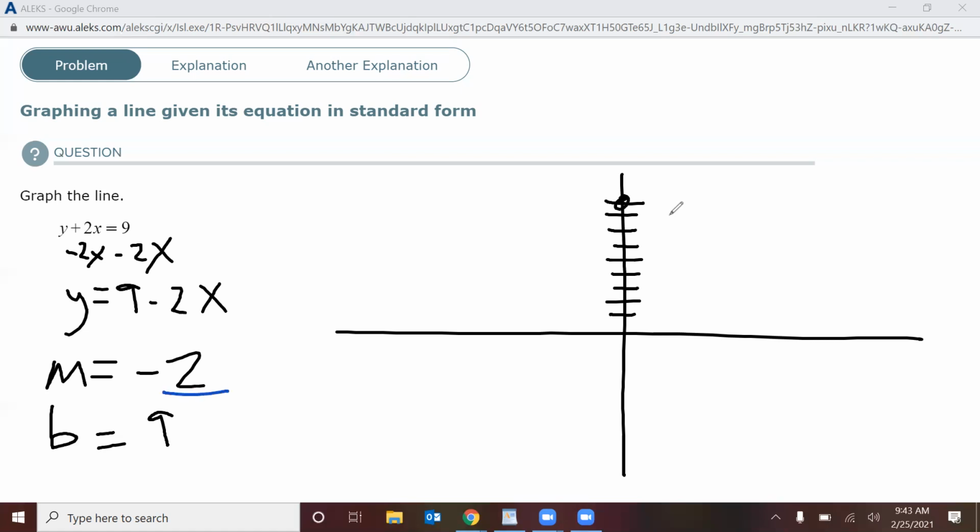Whenever that happens, just put a 1 underneath the slope, which does not change the value of it. But now we have a rise and a run. So we will rise -2, go down 2, and then run 1. So now we can graph the line. And you can always double check by plotting a couple of points the way we did in the last video.